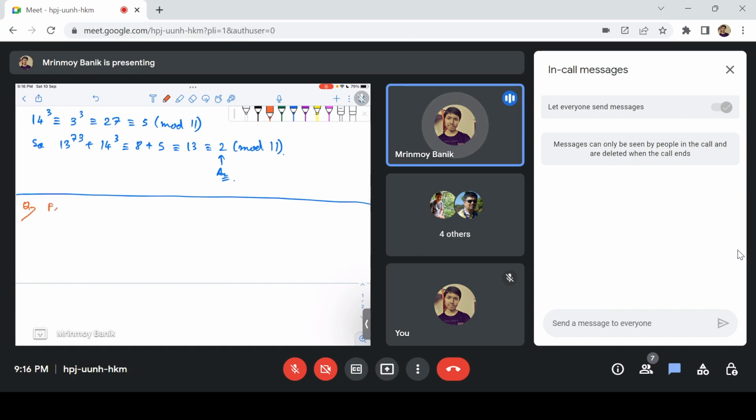Find the remainder when 2 power 70 plus 3 power 70 is divided by 13. I'll just wait for 5 minutes. Everyone please try the problem.